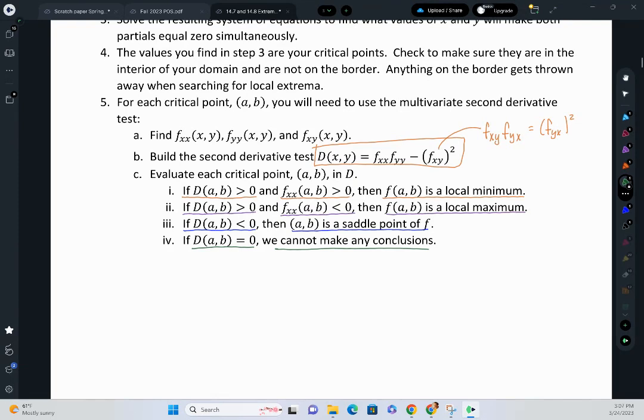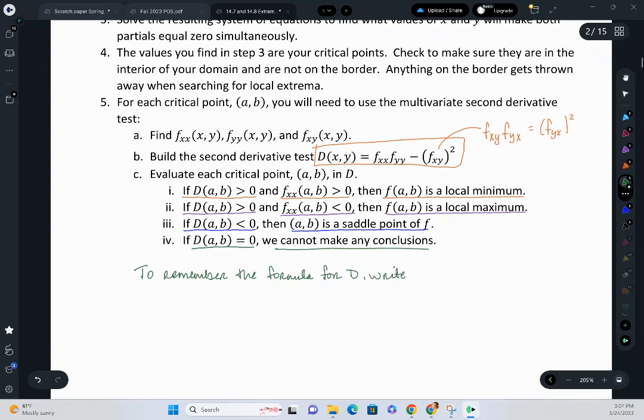Sometimes people remember the second derivative test by doing the following. To remember the formula for D, you can write it as a determinant. You don't have to do this either, but you can. Big D equals a determinant with f sub xx and f sub xy in the first row, and f sub yx and f sub yy in the second row.